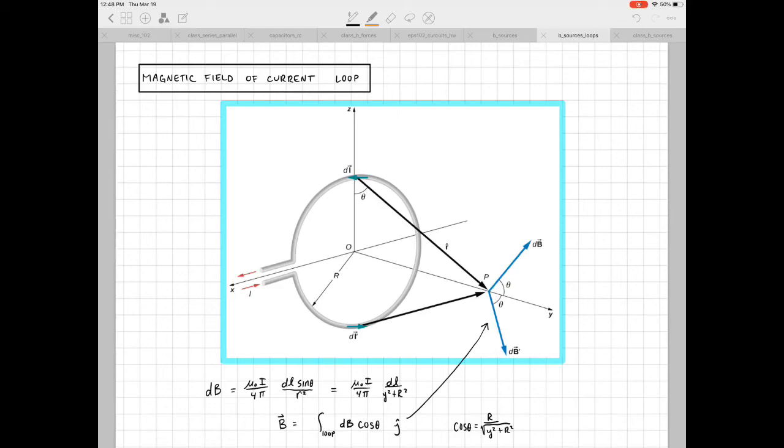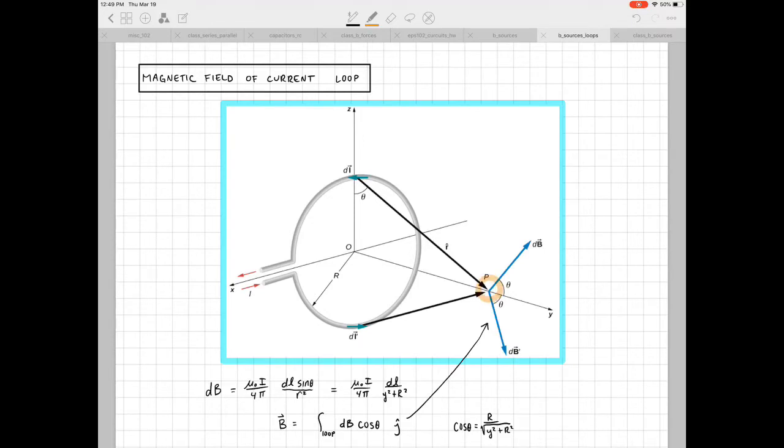Right, we need to look at the magnetic field produced by a current carrying loop. So we're going to start out with this picture here of a loop where there's a current I going through this loop. And we want to figure out the magnetic field at some point P out here.